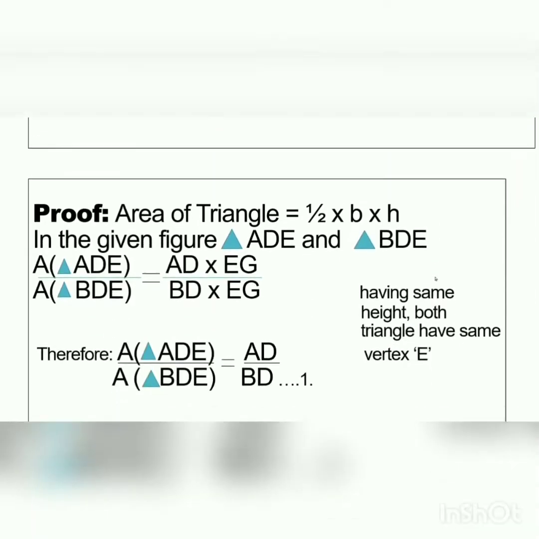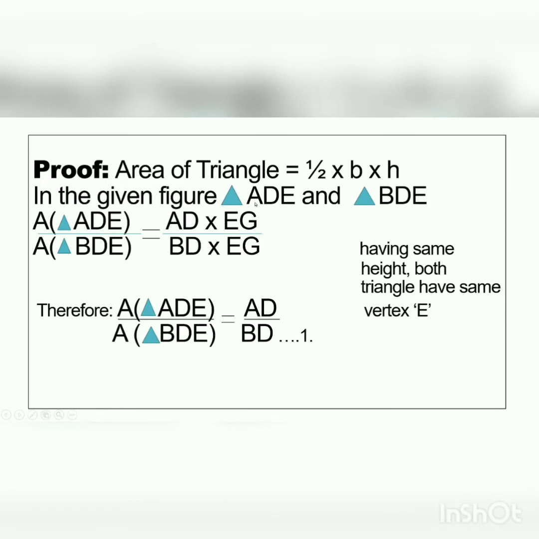So for triangle ADE and triangle BDE, I take the ratio of the areas: area of triangle ADE upon area of triangle BDE. Using the area property of two triangles, I write base into height and base into height.